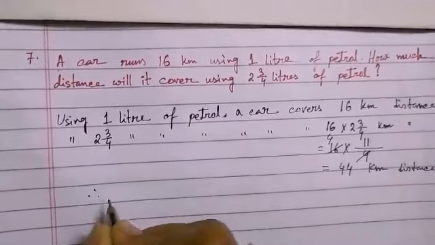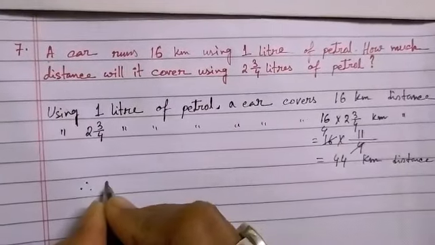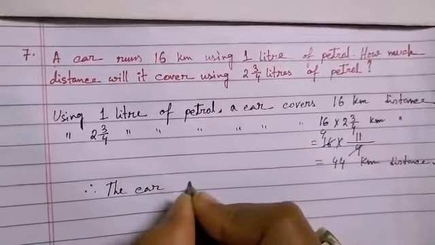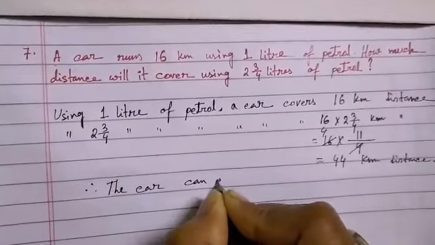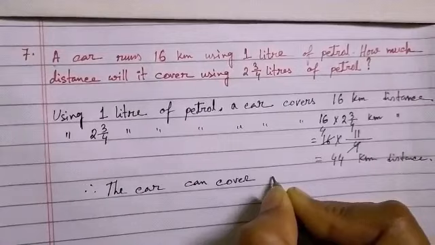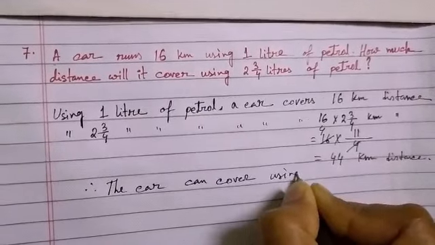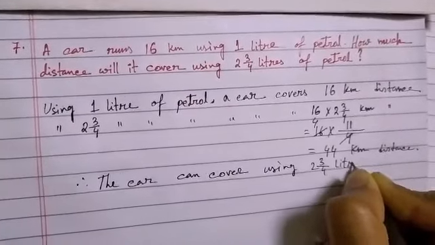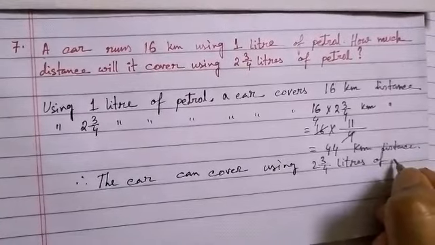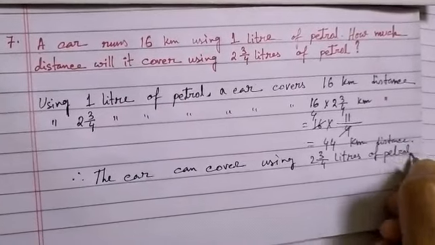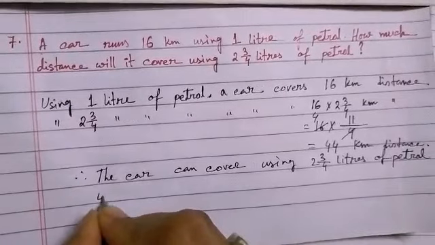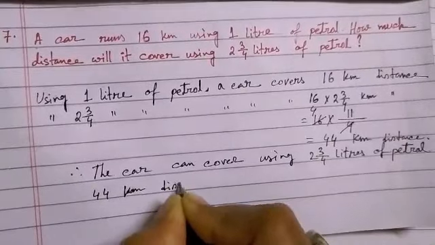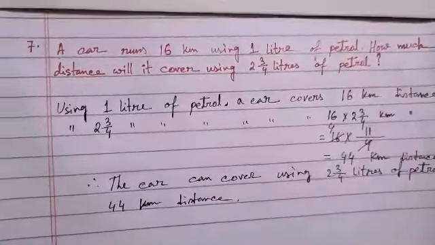So the answer: the car can cover, using 2 whole of 3 by 4 liters of petrol, 44 km distance.